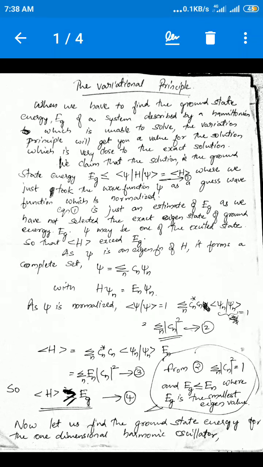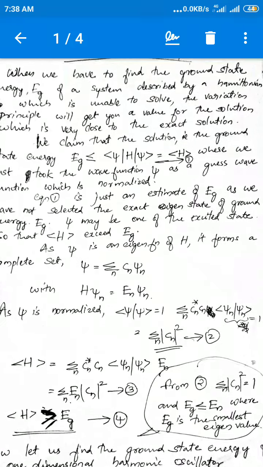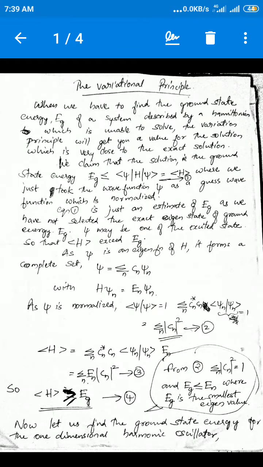That is why we take the ground state energy of the system. The expectation value of the Hamiltonian always represents the energy, but it may represent the ground state value, or it will be higher than that. That is what we are going to check. So as psi is an eigenfunction of H, it forms a complete set.